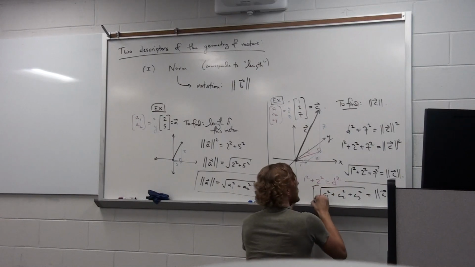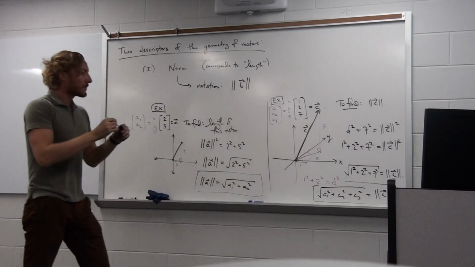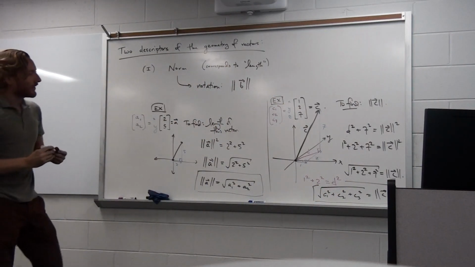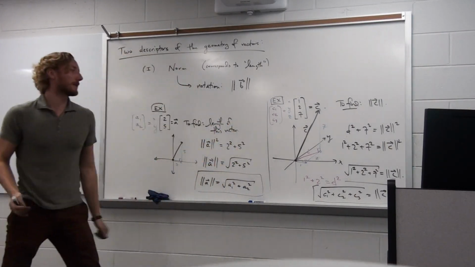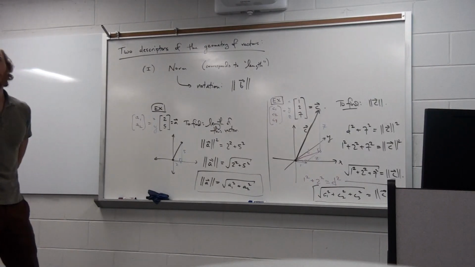So in general, in 3 dimensions, the length of your vector is C1 squared plus C2 squared plus C3 squared, square rooted.